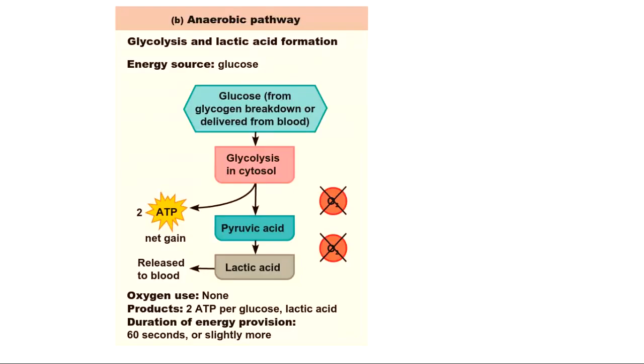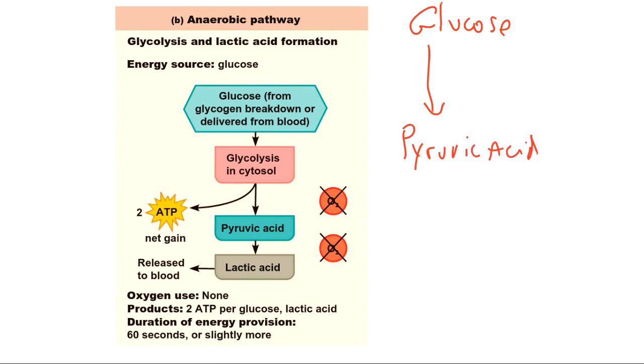So typically during aerobic respiration, glucose is taken into glycolysis and pyruvic acid is going to be produced, along with a net total of 2 ATP molecules and 2 NADHs.